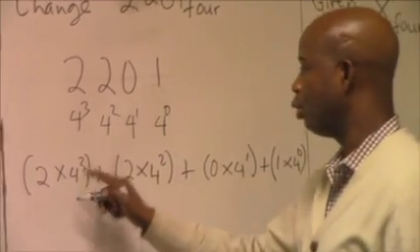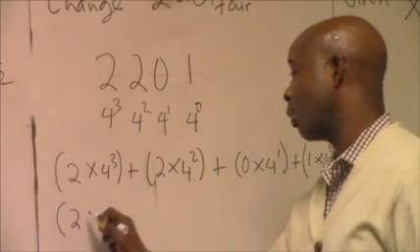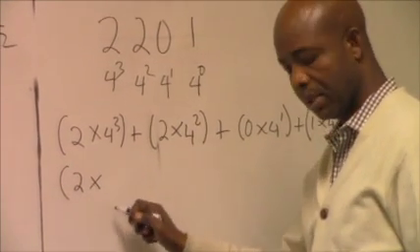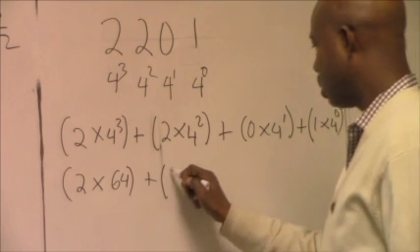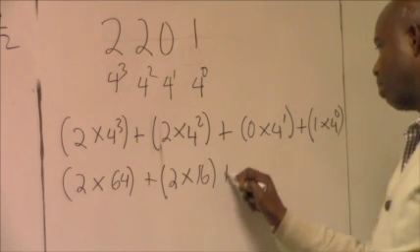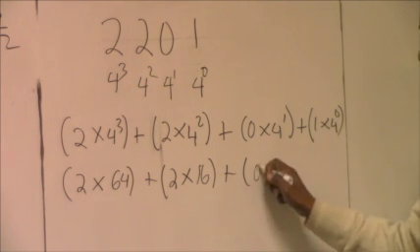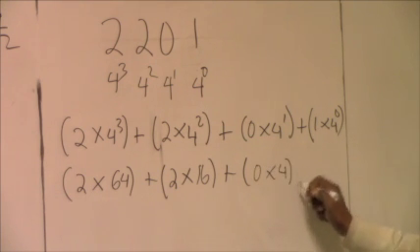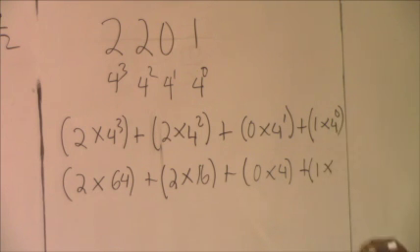So what is 4 cubed? 4 cubed is 4 times 4 times 4, which is, sorry, 64. So we have 2 times 64 plus 2 times 4 squared, which is 16, plus 0 times 4 to the first power, which is 4. I'm just going to do it orderly. Plus 1 times anything raised to the 0 power, which we agreed is 1.